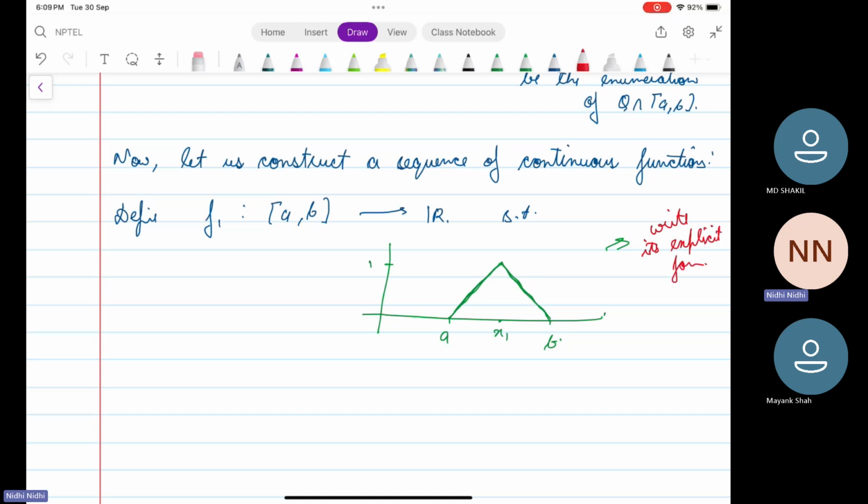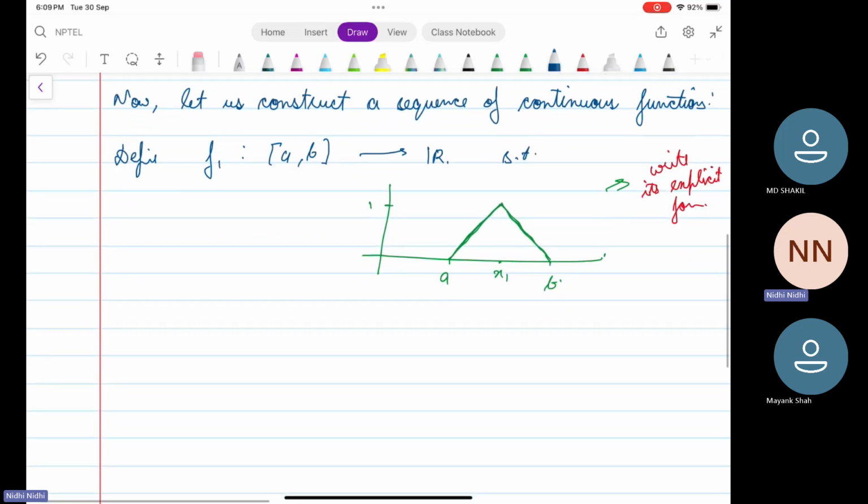Okay. Next, we'll do something with the terms x1 and x2. For f1, we used just one point x1. Next, we consider the set X2 to be {x1, x2}. Since x1 and x2 are two distinct real numbers, by the well ordering principle, this set has exactly two elements and will have a least element.